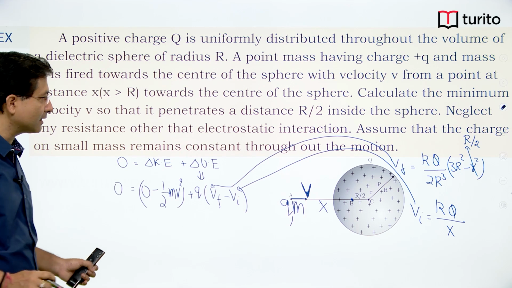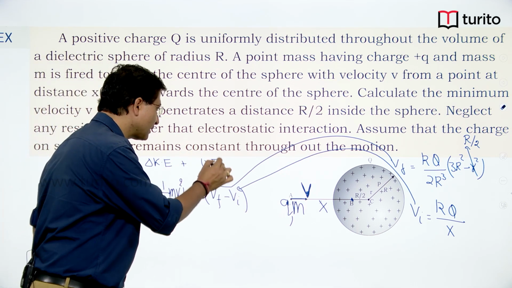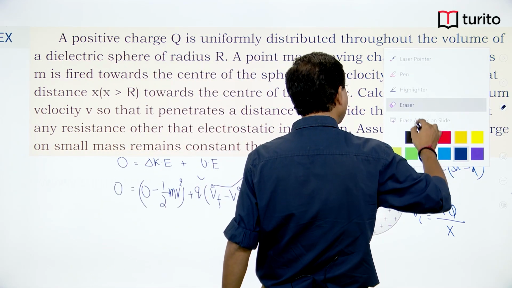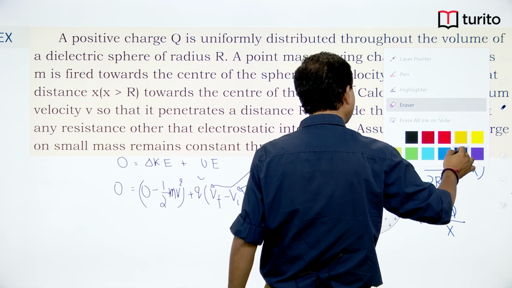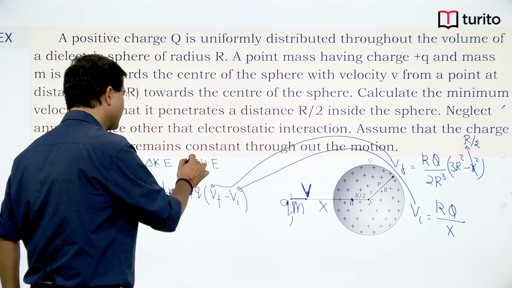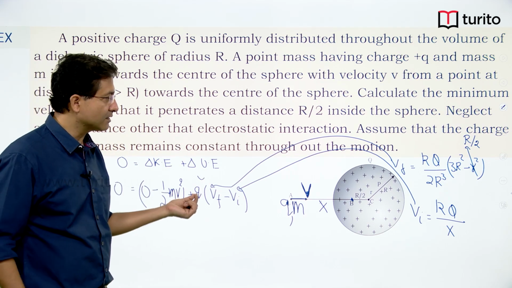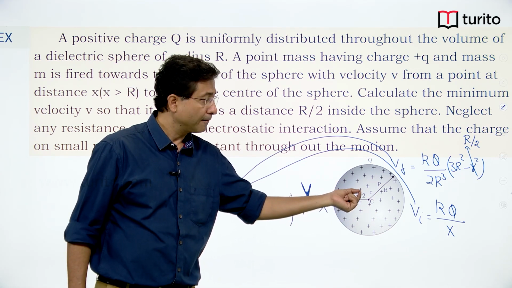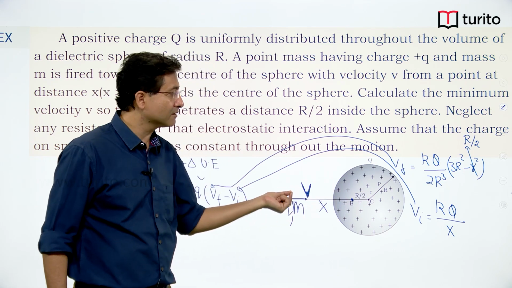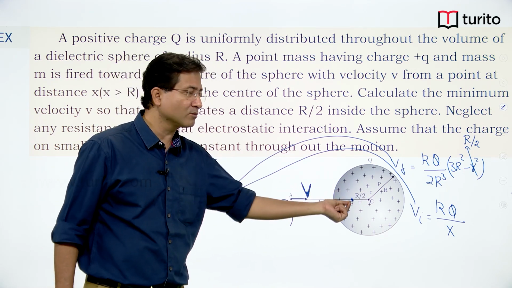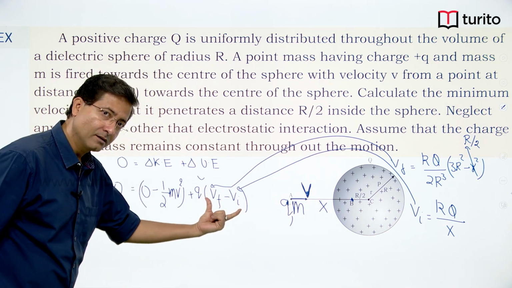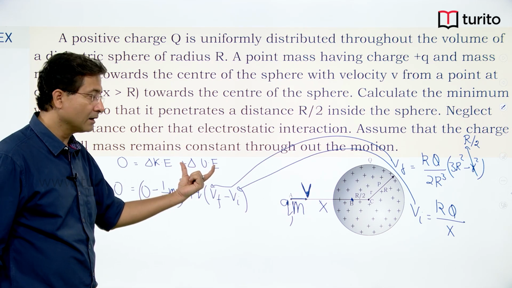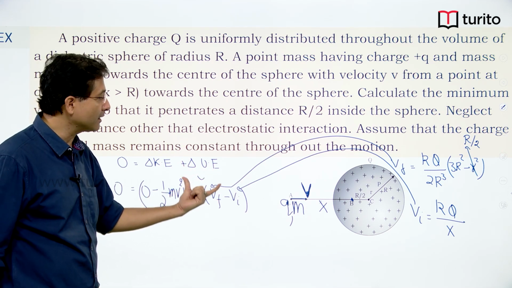I just wanted to make you understand how to write the change in potential energy when we have one distributed charge and another point charge. So, if the point charge is moving and the distributed charge is stationary, then if we can write the potential created by the distributed charge at the 2 points where the point charge is moving and multiply it by the charge, I will get the potential energy difference, final minus initial, right.